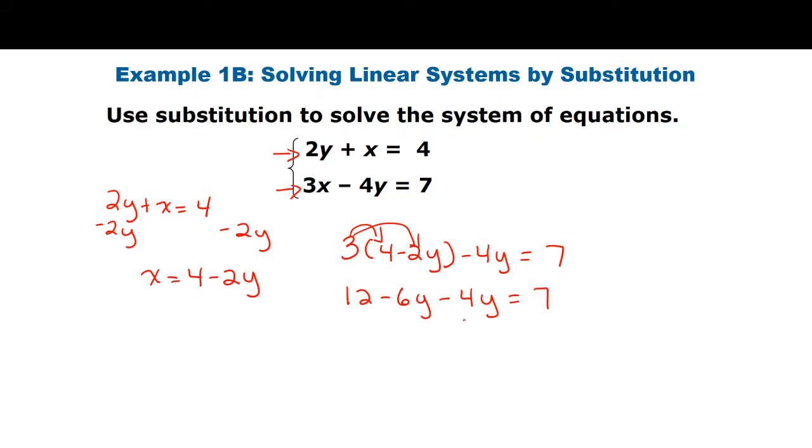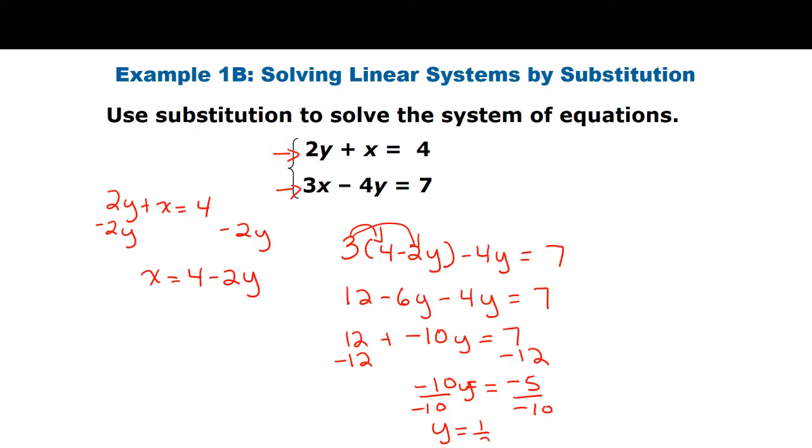Let's add our like terms together, so that's going to be negative 10y plus 12 equals 7. Subtract 12 from both sides. We have negative 10y equals negative 5. Divide both sides by negative 10, and we get y equals 1/2.